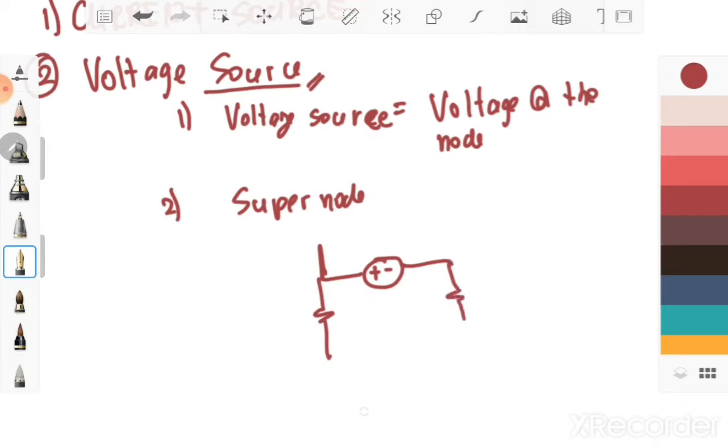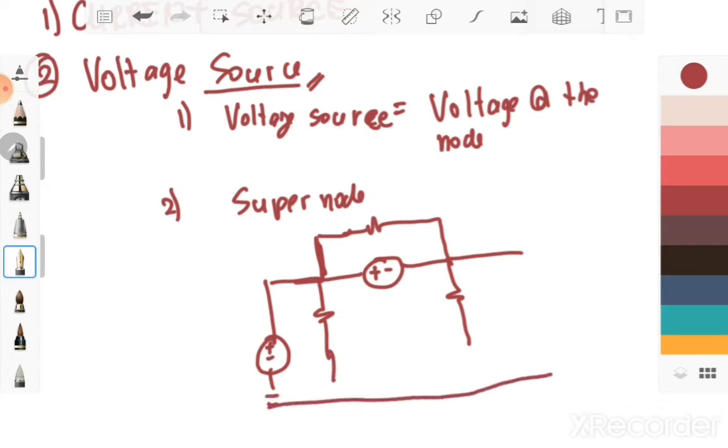Okay? Yan. Sir, bakit siya example ng supernode? Okay. Example siya ng supernode kasi nga, itong voltage na to, if I will indicate this as my ground, as my datum, therefore, your voltage source in this V1 and V2 is directly connected to the terminals of your, let's say, R1 and R2.